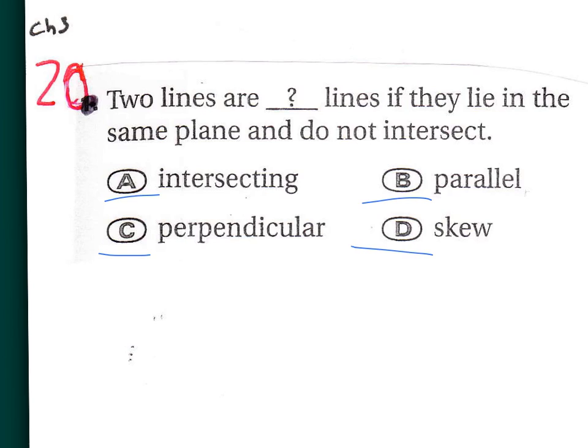So the key right here is same plane and they don't intersect. Just kind of read it back to yourself: two lines are intersecting, or parallel, or perpendicular, or skew. And think about same plane and don't intersect.